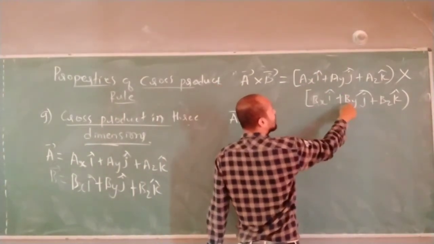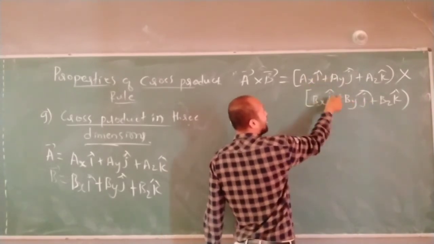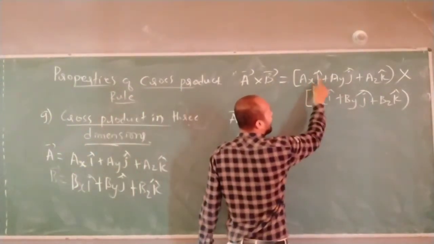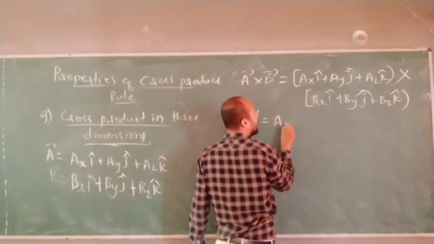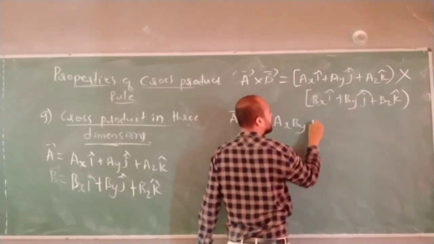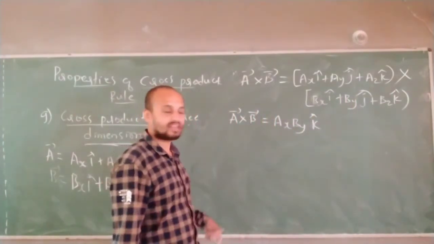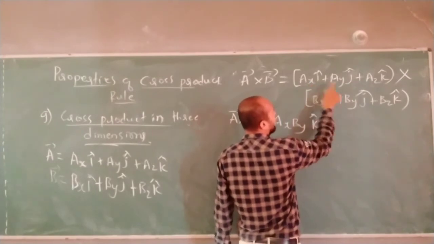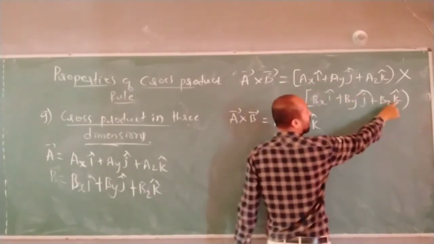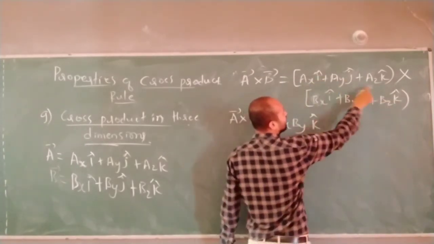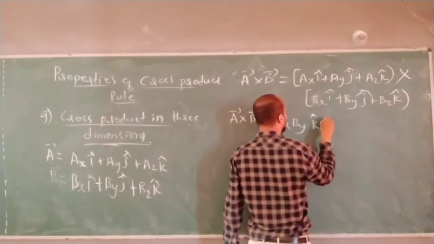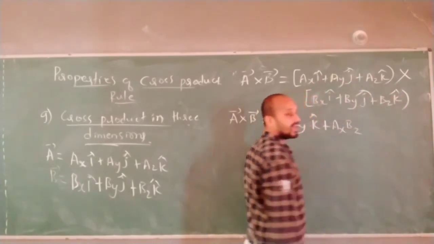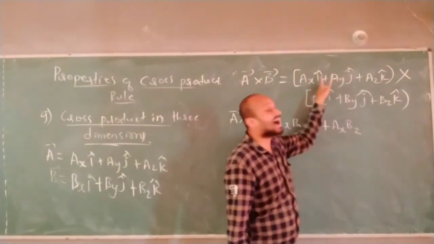Then Ax i cap cross By j cap. Ax and By are magnitudes. i cross j will become k cap, so it will become Ax By k cap, from the properties. Then Ax i cap cross Bz k cap: this will become plus Ax Bz, i cross k. k cross i is j cap.